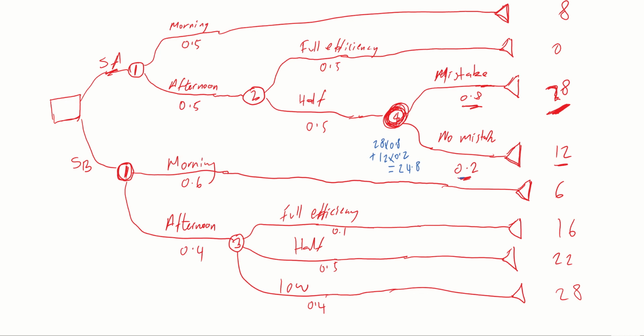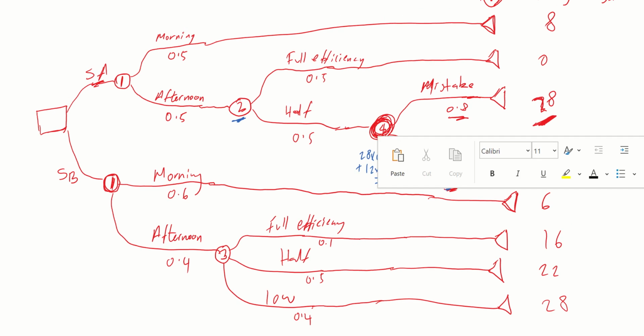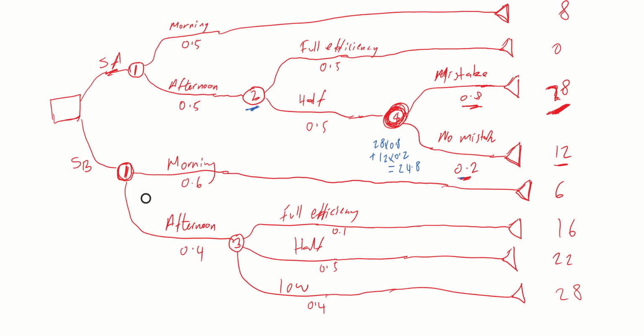Okay, all right. Let's move to the second level in the hierarchy of these nodes, and that's node number 2. For node number 2, there's the expected value at node number 4, 24.8, and then I have the other branch.